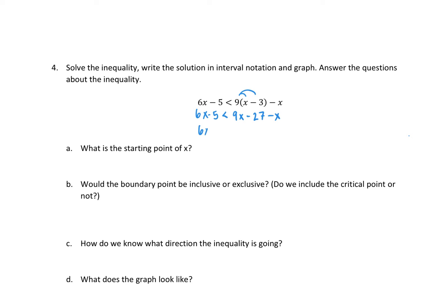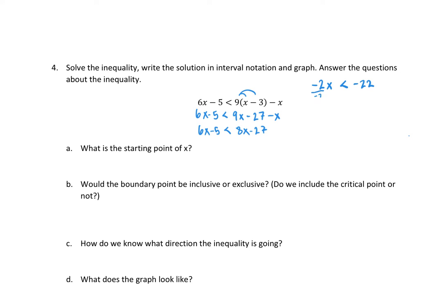That gives me 6x minus 5 is less than 8x minus 27. I will add the 5 to the 27 and then subtract the 8x from the 6x. So that gives me negative 2x is less than negative 22.